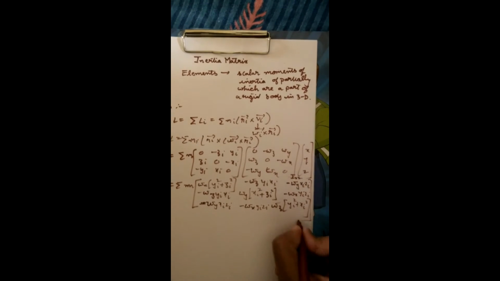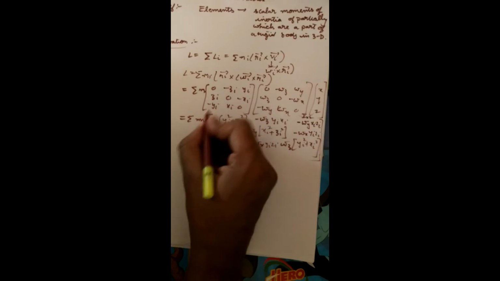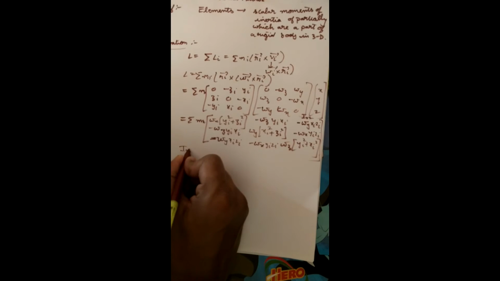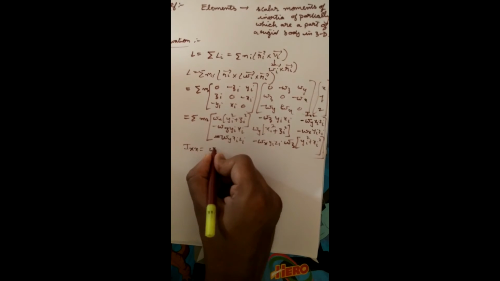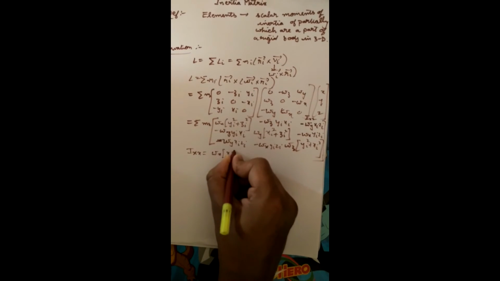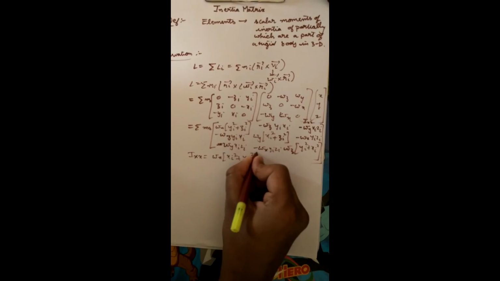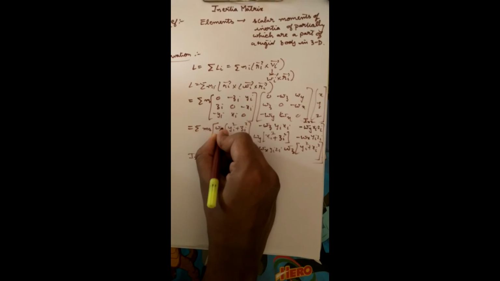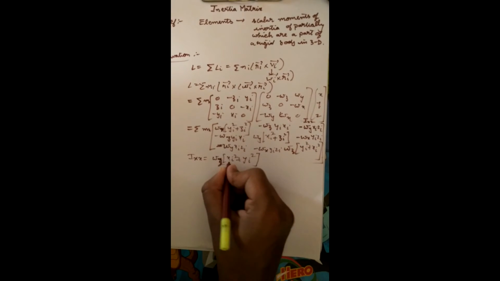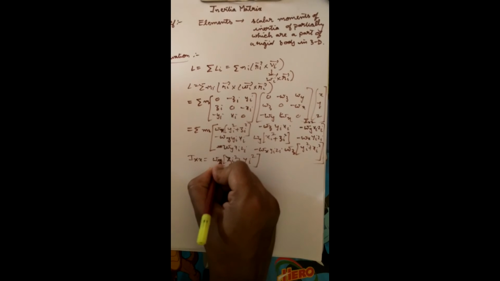So if we try to categorize, this can be written in the following terms. We can write it in separate terms as follows: ixx as omega x into (xi square plus zi square).